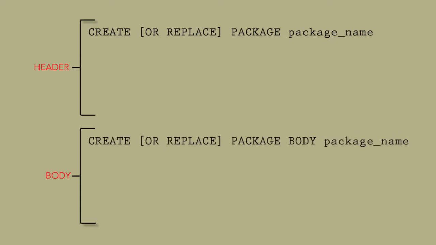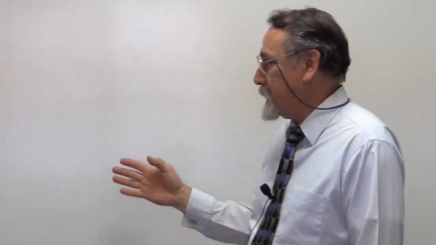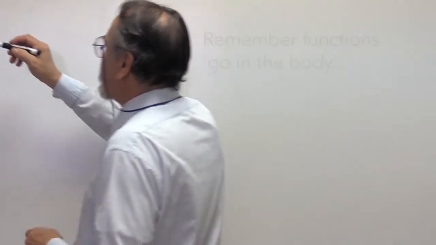Now, what happens here is the package in the header portion basically is a list of the subprograms that will be used in the body. So, remember we were talking about the benefits.